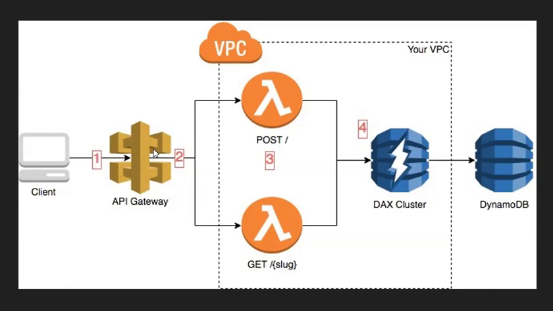So DAX acts as an intermediate between your application and DynamoDB, caching frequently accessed data to improve performance and reduce load on DynamoDB tables. It distributes traffic across the DAX cluster, handles cache lookups and interactions with DynamoDB as needed, and maintains those as well.